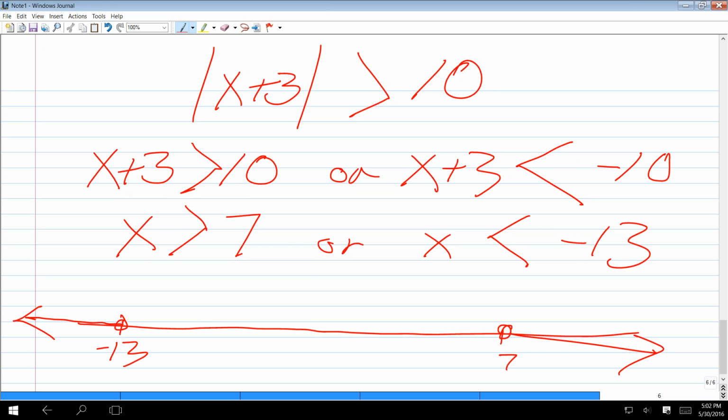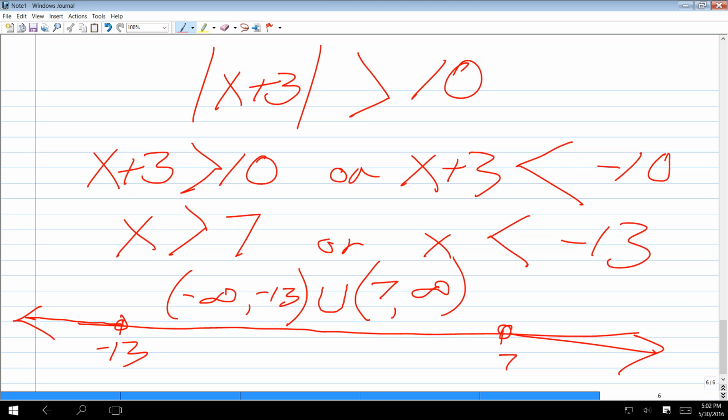And if you had to put it in interval notation, are you familiar with interval notation? Yes, it would be negative infinity, always start with negative infinity if it's in the field, and it is, to minus 13 with a parenthesis, in combination with 7 comma infinity.